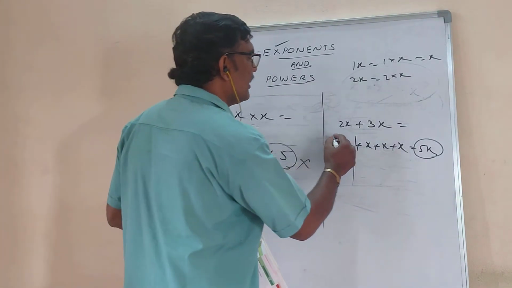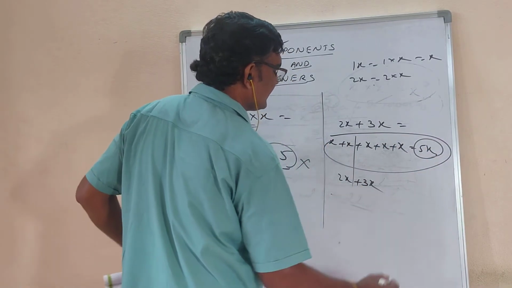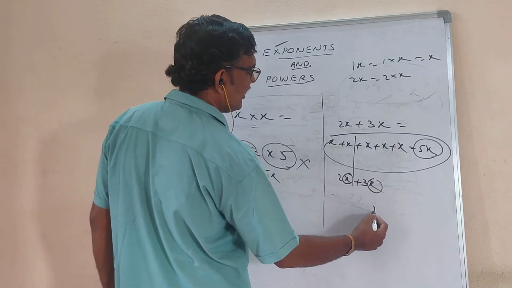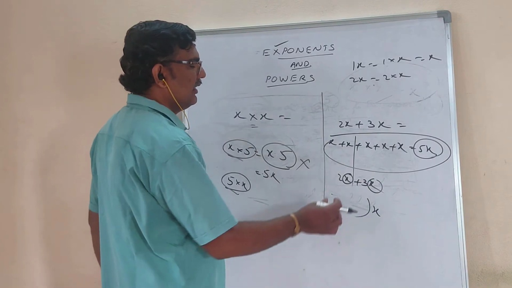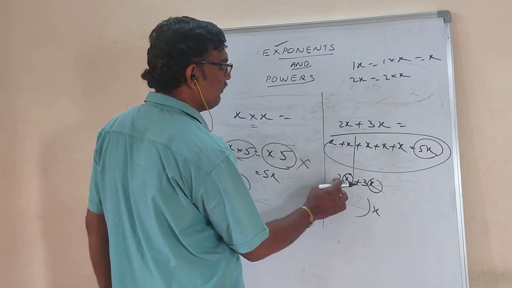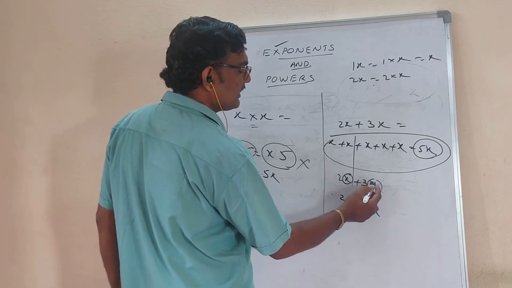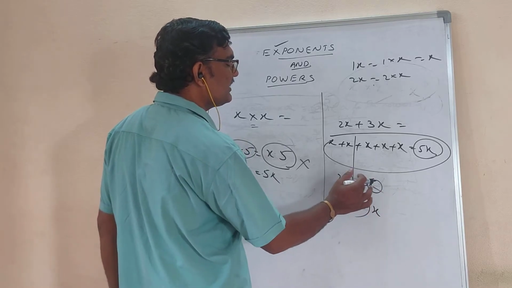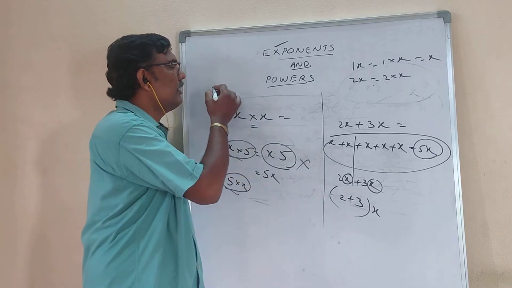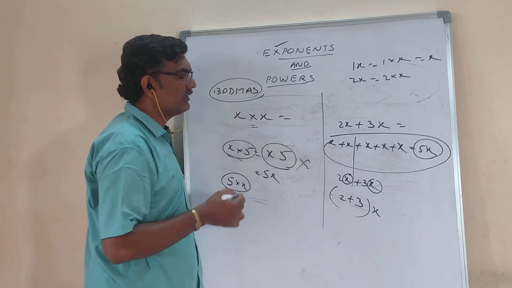So if you did not understand this, what you have to do is, if the question is 2x plus 3x, what is in common in these two? X is in common. Take x as common. In the first term, I already took x as common. What is remained? 2 is remained. In 3x, I took x as common. What is remained? 3 is remained. So, BODMAS rule is saying that first you have to simplify within the brackets.